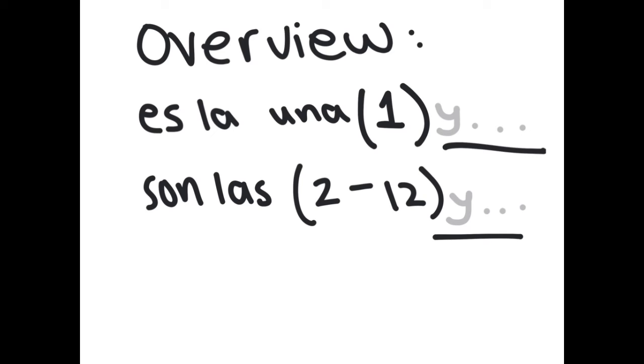But if you were trying to say an hour between 2 and 12, you would say son las dos, and then you'd say y if you were trying to do a certain number. So if you're trying to say 2:30, it'd be son las dos y media, as that is a specific case. But if you're trying to say 2:36, it'd be son las dos y 36, as that fits the number of minutes, 36.